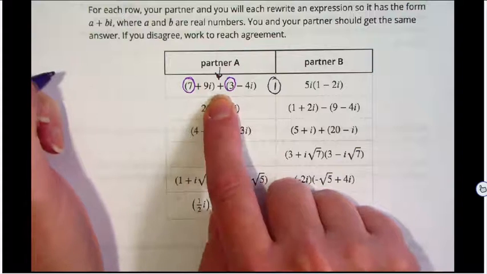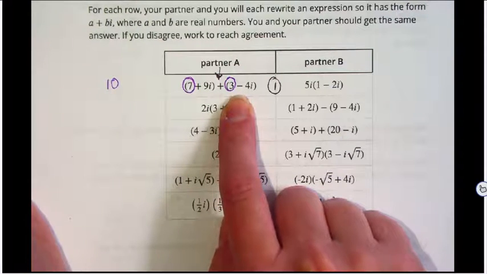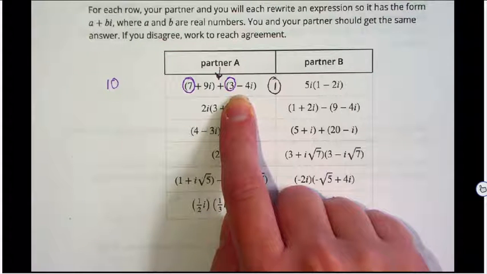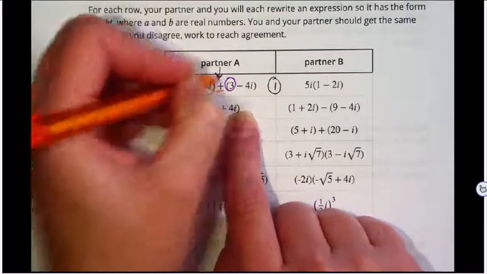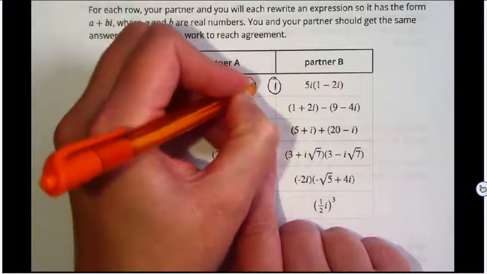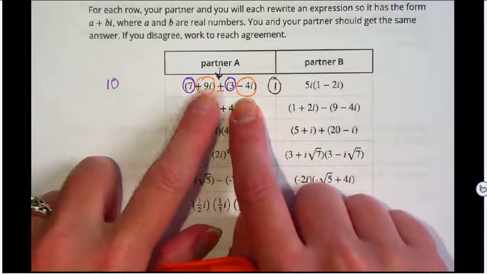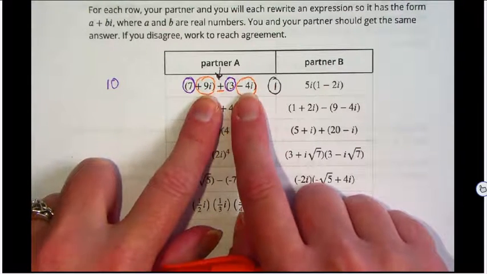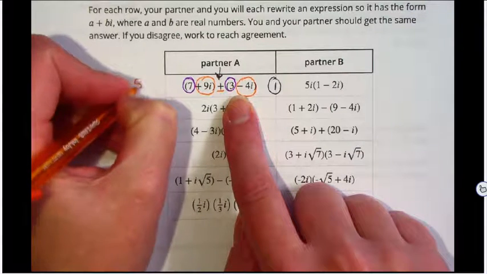So 7 plus 3 is 10. And then we would add the imaginary parts together. 9i plus negative 4i. So I have 9i plus a negative 4i, 9 positives, 4 negatives, add together to 5 positive i's.